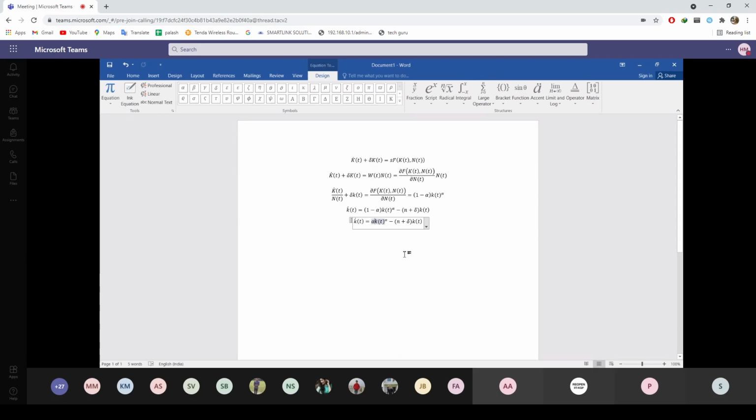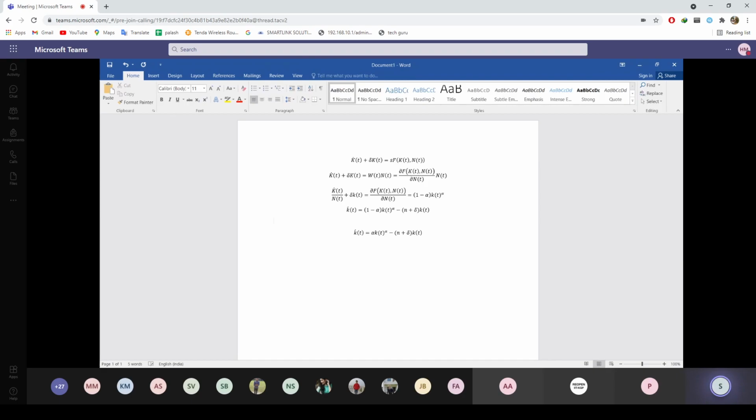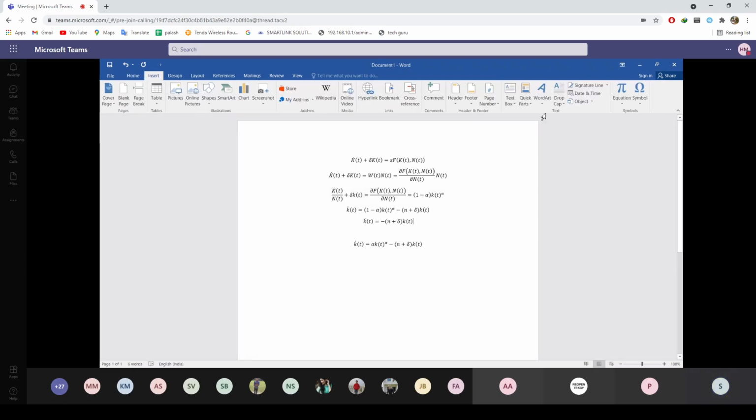So ultimately, if we take a general functional form, this will be equals to, let me write it down over here, then I'll copy and paste.